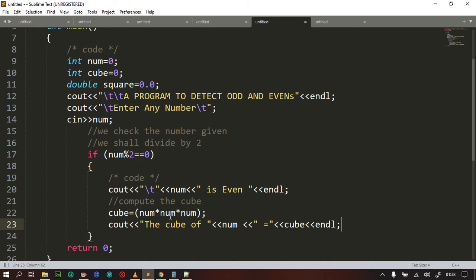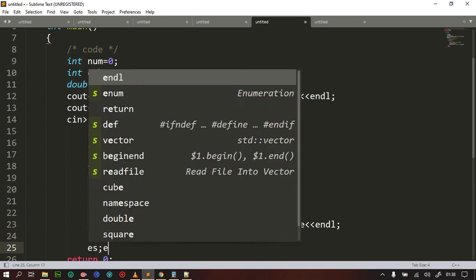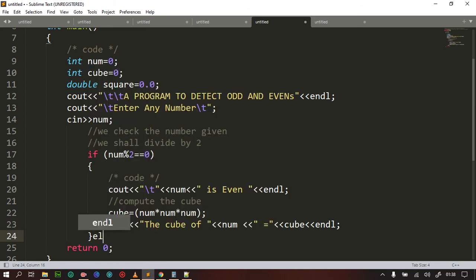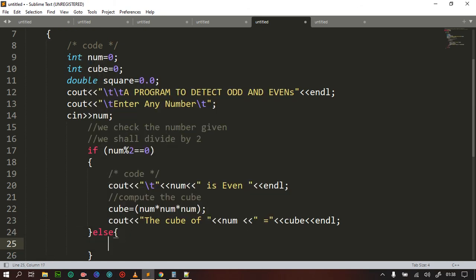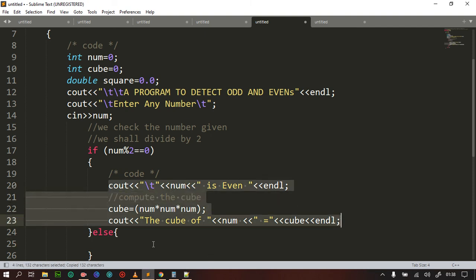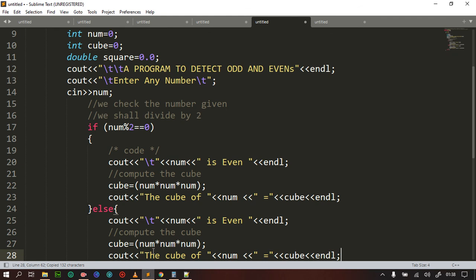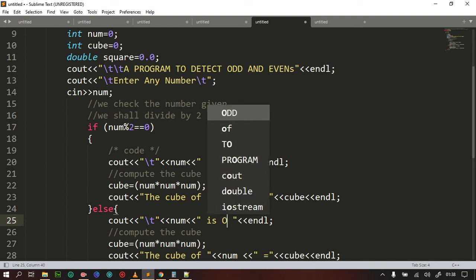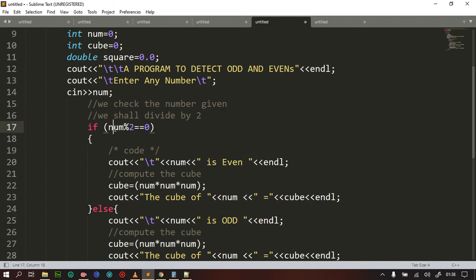So else, I'll do the same. Okay, copy and paste is a design error. So number is odd. Based on our condition, it first checks for even.